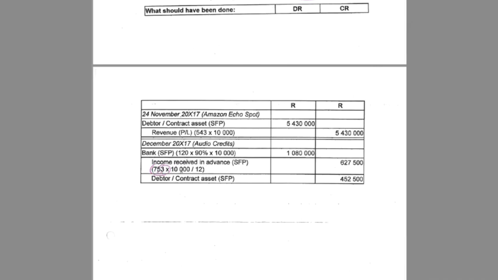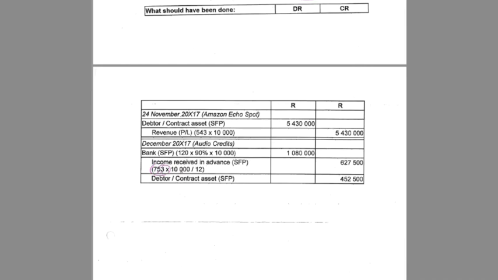The transaction price needs to be allocated to each performance obligation based on standalone selling prices. If you were to sell it separately, would it be 0 Rand? Would it always be for free? No, it has a price. So you would have had to allocate the total transaction price to each performance obligation, including the Amazon Echo Spot.